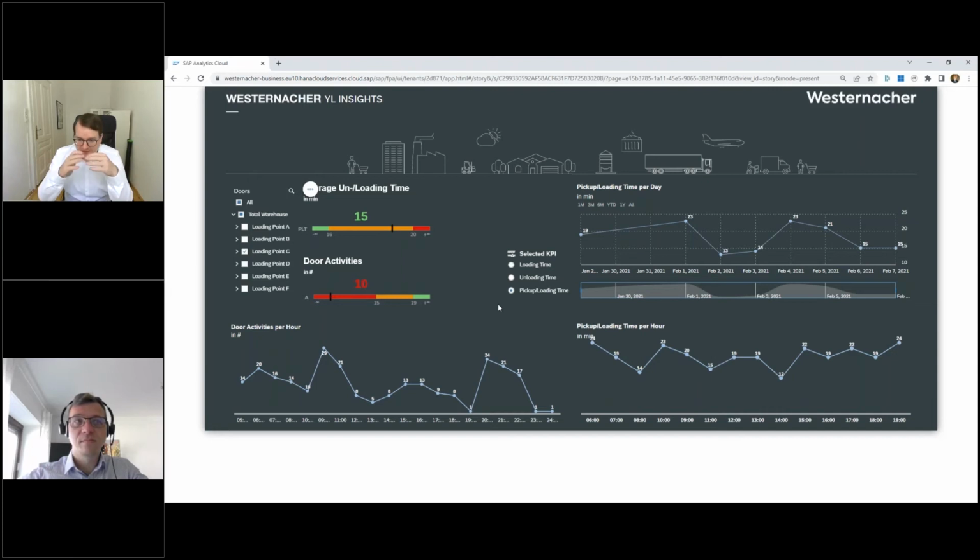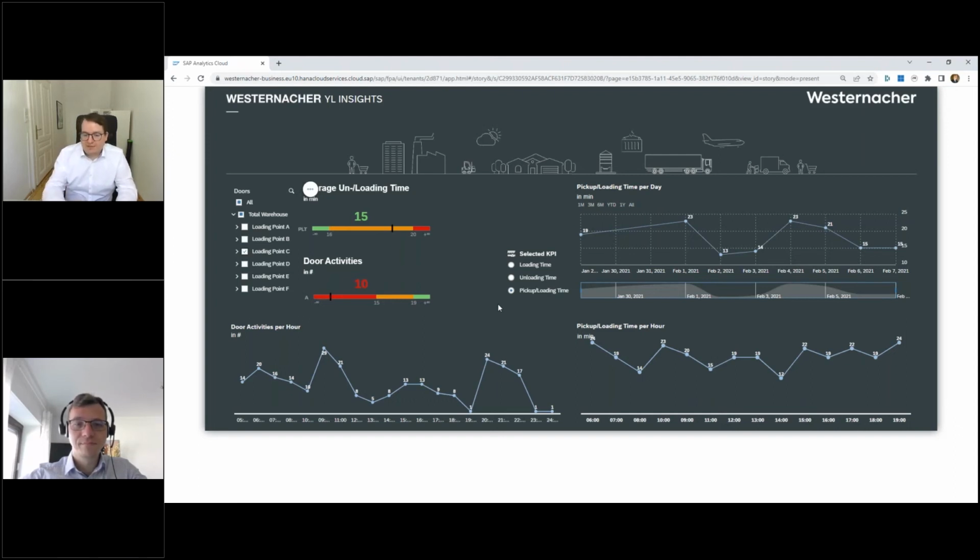And as you see here, this is the monitoring, the reporting when you directly have a look. But the system, and let's stress this again, also automatically alerts you if something happens here. If the loading time per day increases for a certain loading point, there would be an automated alert to a certain user group by mail or directly in the system, so that everybody knows, okay, let's have a look there.